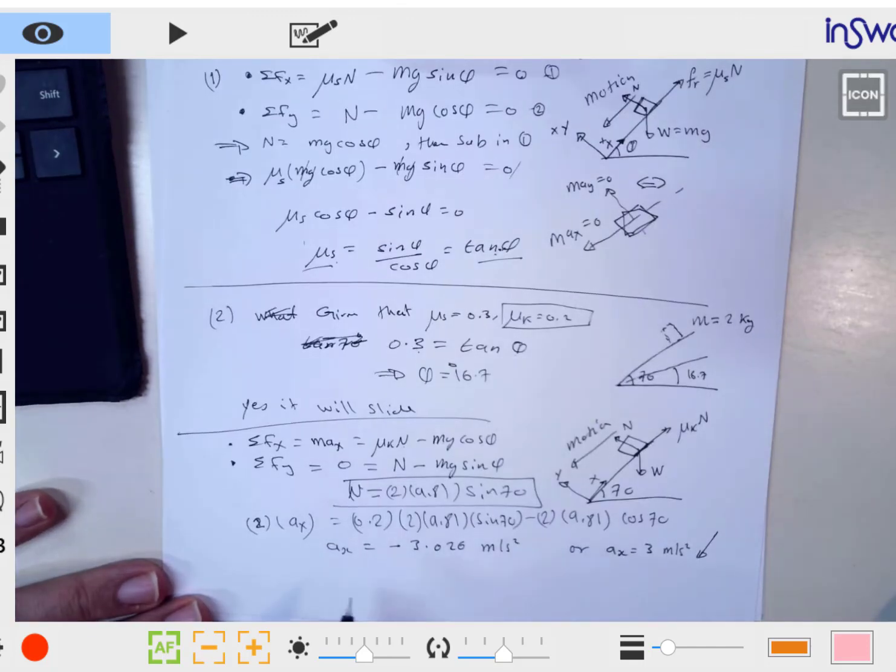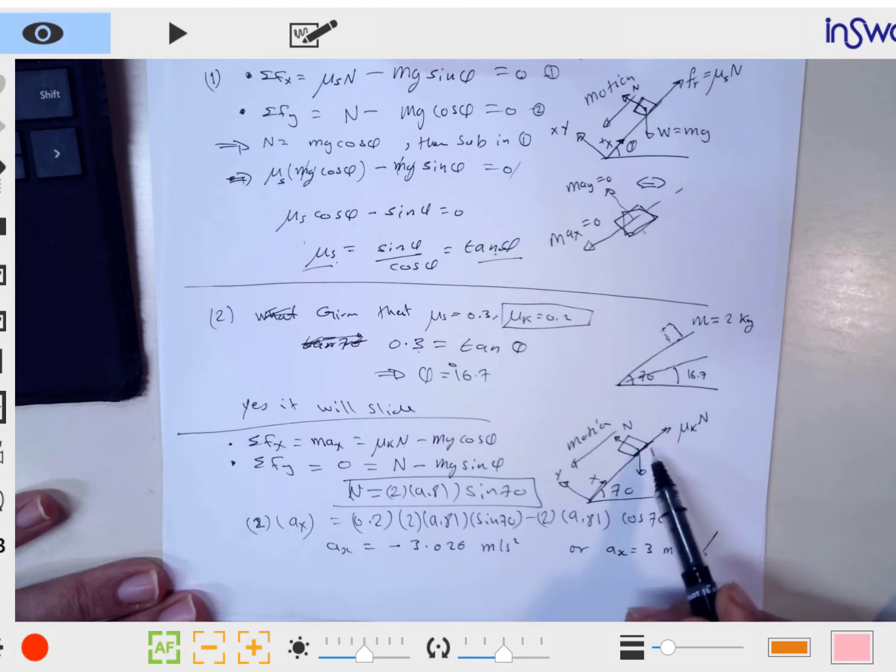Alright, so after calculating this equation, the a x is equal to negative 3.026. So what does negative mean? Means it's opposite to the reference x which we are using. So it's not going upward, it's going downward. So that's what it means. So a x equal 3 meters per second squared and it's going downward.